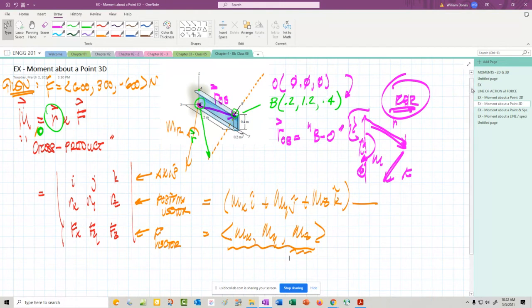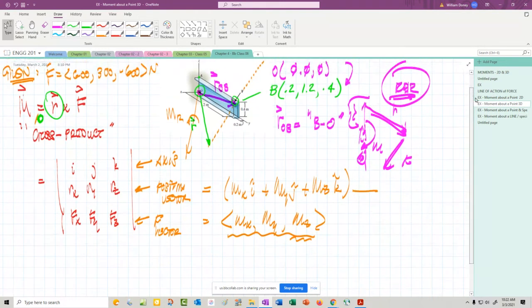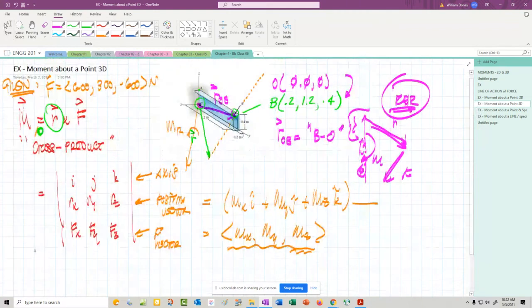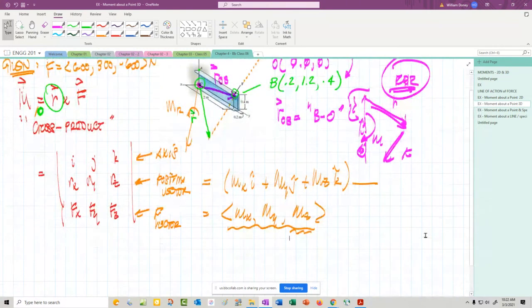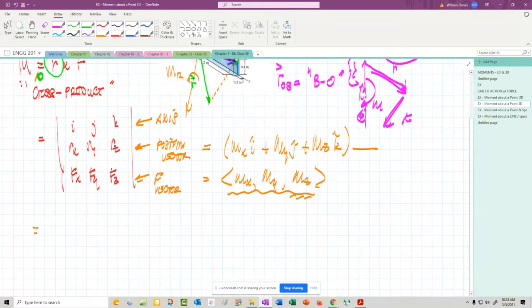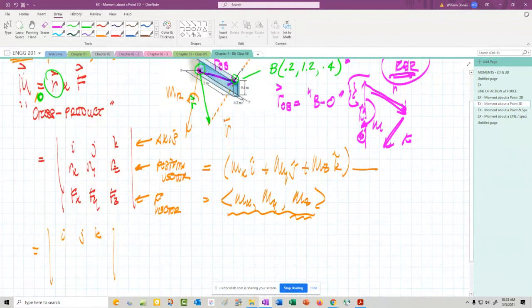So let's continue with this solution here. Let's build our 3x3. Across the top, we're not going to worry about that right now. That just gives us our i, j, k. We'll use that later when we want to know the moment about a specific axis. Then we will adjust those. Position vector, we have to build a position vector. Let's go back up here.